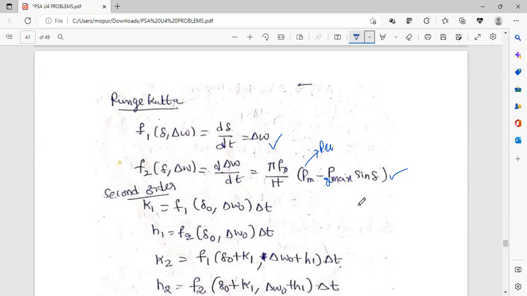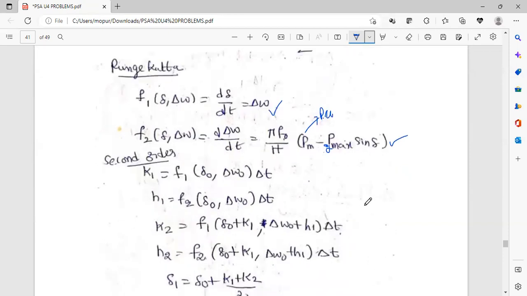Now, in this Runge-Kutta, we have second order and fourth order. Coming to second order, these are all the formulas we should remember. K1 is equal to F1 of del naught, comma, del omega naught into delta t. What is this F1 of del naught, comma, del omega naught? That is del omega naught, which is equal to 0. Then H1 is equal to F2 of del naught, comma, del omega naught.